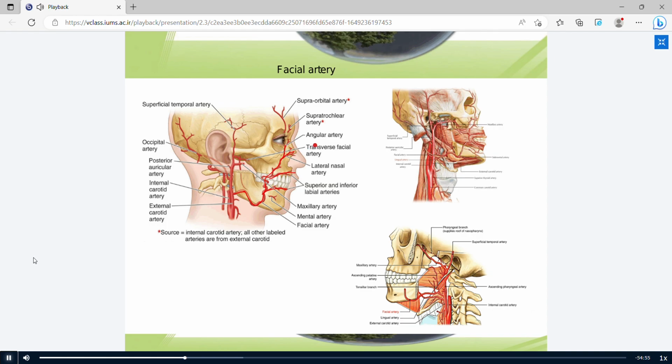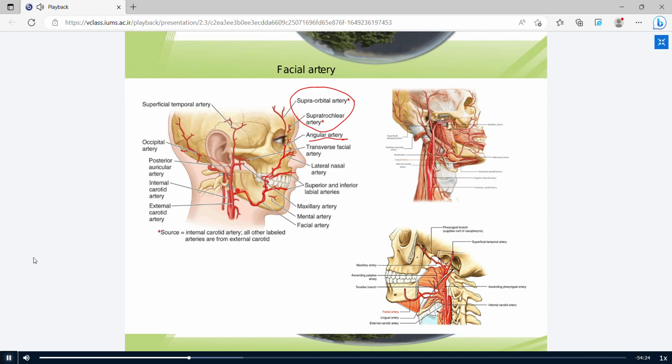The last branch is the angular artery, which goes to the medial corner of the eye and anastomoses with the supratrochlear and supraorbital arteries. Supratrochlear and supraorbital arteries are branches of the ophthalmic artery. In the next session, I will explain about this artery.